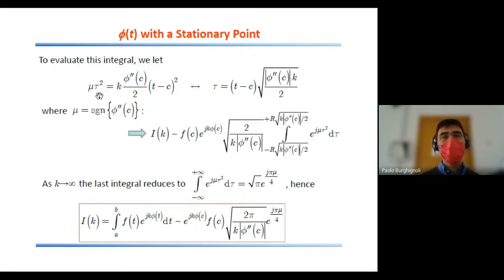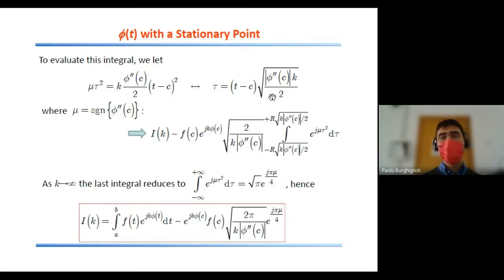As we did with Laplace integrals, we now change variables by introducing this sign function mu, which is equal to plus or minus 1, according to the sign of the second derivative of the function phi evaluated at the point c, so that the new variable tau is equal to t minus c times the square root of the absolute value of the second derivative evaluated at c of the function phi times k divided by 2.